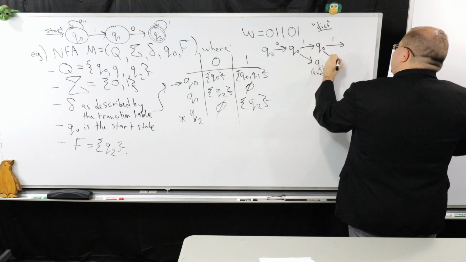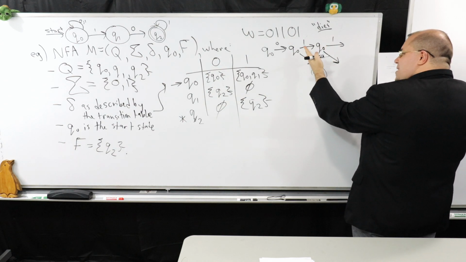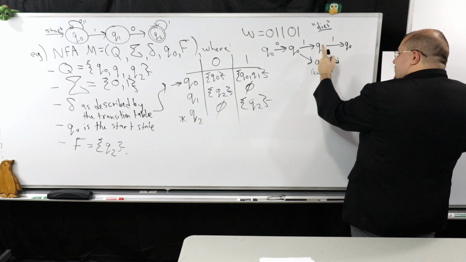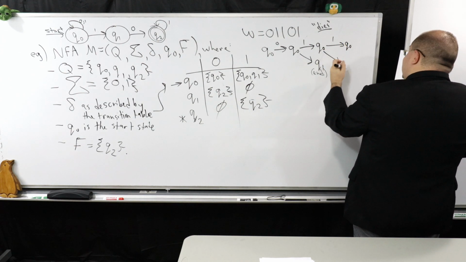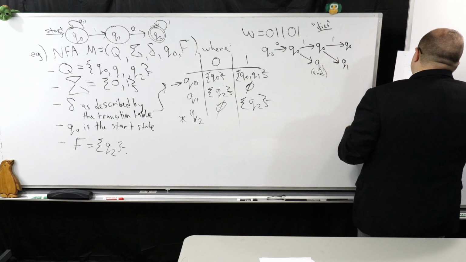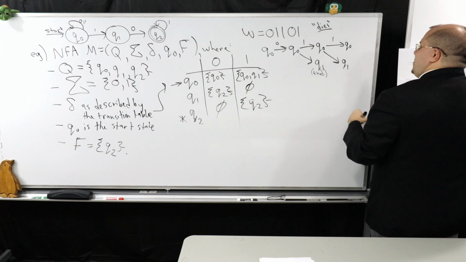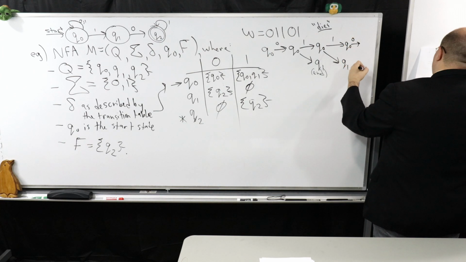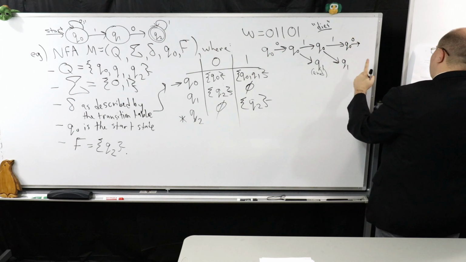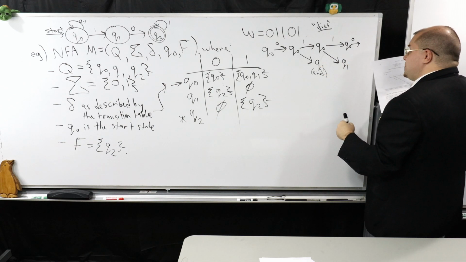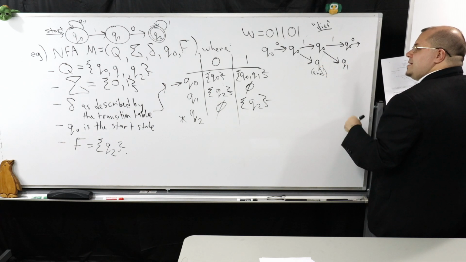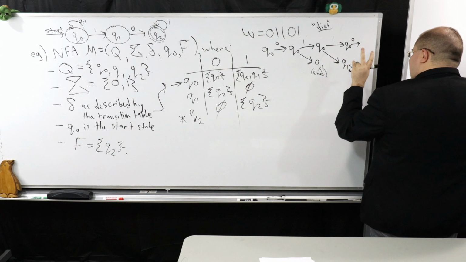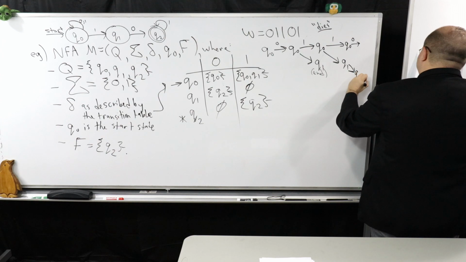Anyway, now Q0, when I read that 1, the same thing happens again. I transition from Q0 to Q0 or to Q1. And then I read a 0. If I'm in Q1 and I read a 0, where should I go? Q2. So this thread will go to Q2.